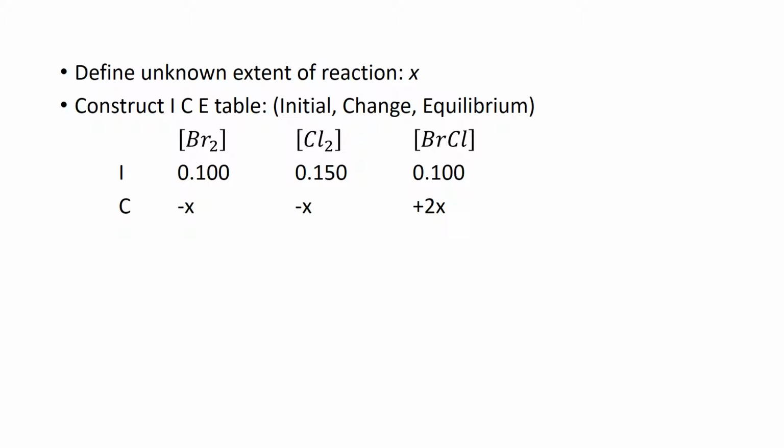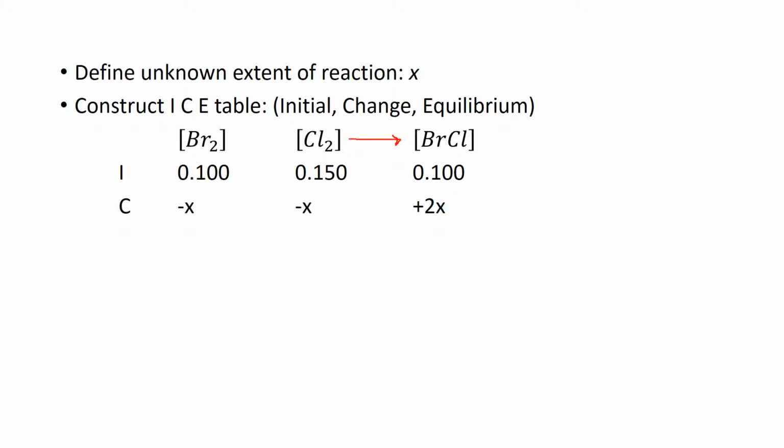On the right-hand side, remember that the reaction goes from here to here. And also remember that 2 moles of BrCl are produced for each mole of bromine or chlorine that is reacted. Therefore, BrCl is going to increase by twice X, again because of the stoichiometry of the equation.